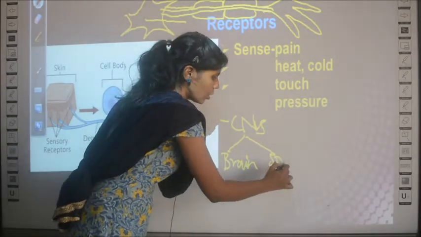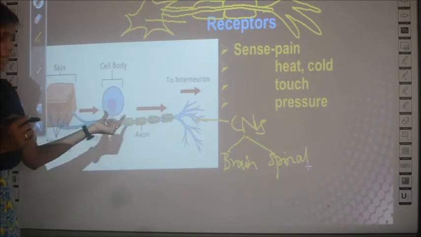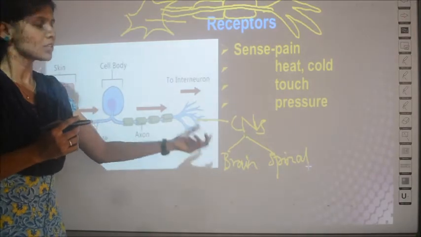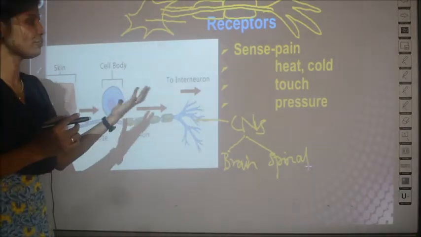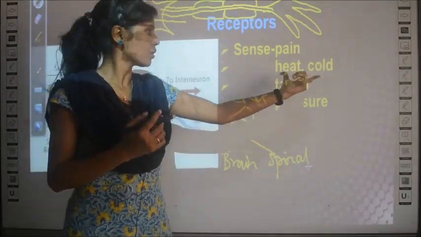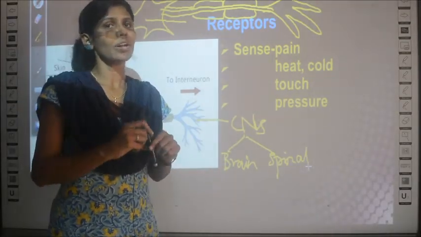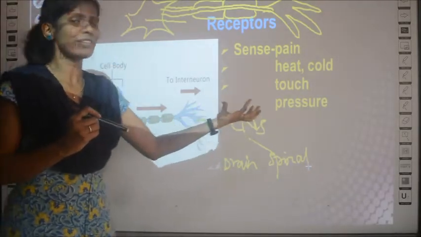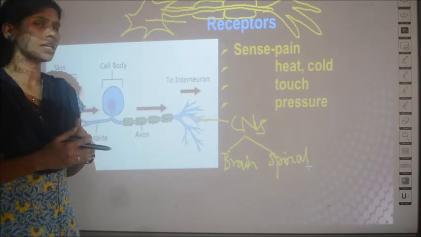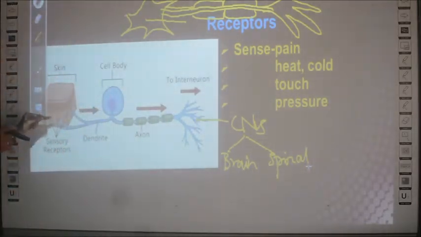Brain or spinal cord. So now you have receptors in the skin, and a sensory neuron is connected to the receptor, and this neuron will end up in the brain. Whenever there is a change in the environment, say for example heat outside your body, or cold climate, or if somebody touches you, or if there is pain, a sharp pin pricking you, or some pressure exerted on your skin, all these changes are sensed by these receptors.